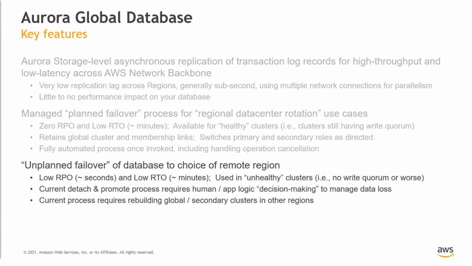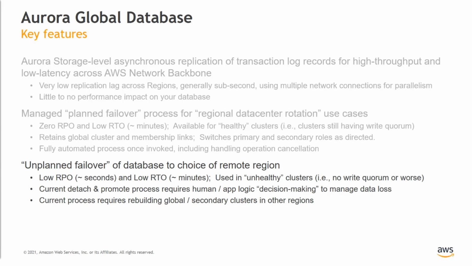You might lose a few tens, a few hundreds of milliseconds, maybe a few seconds worth of data. But it still requires a human or at least some sort of application logic to decide when to promote, because there are obviously lots of other things you need to think about in a regional failover, such as where your application stack is running and all that.